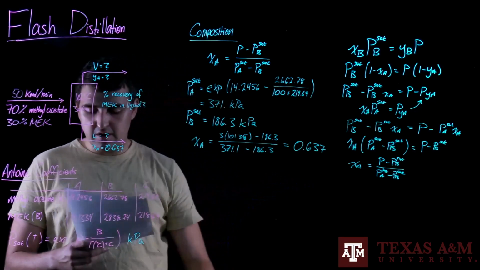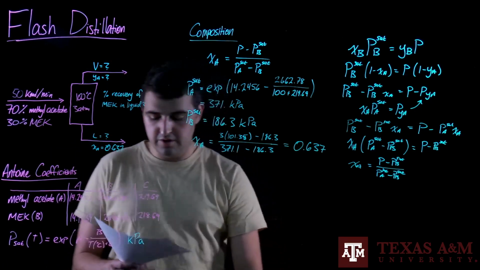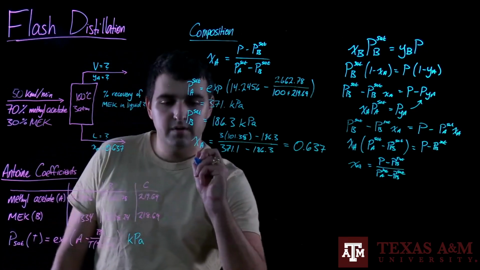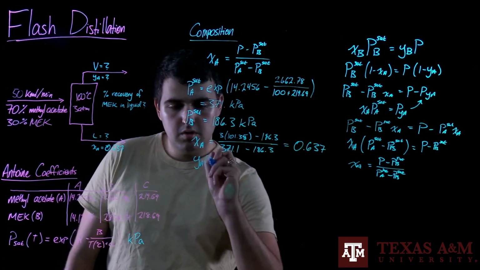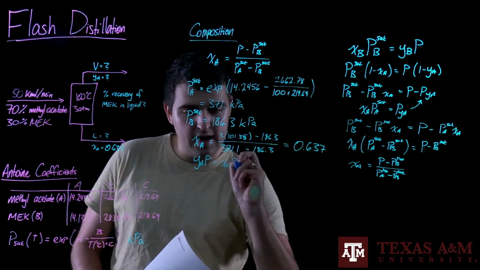Finally, we need to find our corresponding YA. For this, we can just use Raoult's law, where we have YAP equals XAPA sat.